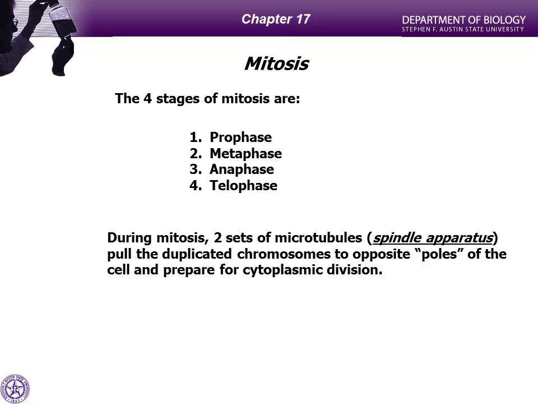Have you ever seen those things before? These microtubules are going to be responsible for attaching to our sister chromatids, moving them around, and then eventually pulling them apart and moving them to opposite ends of the cell.